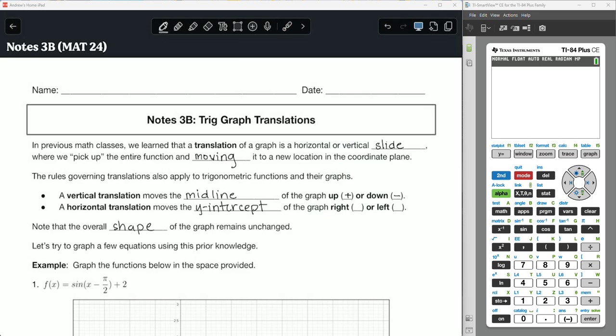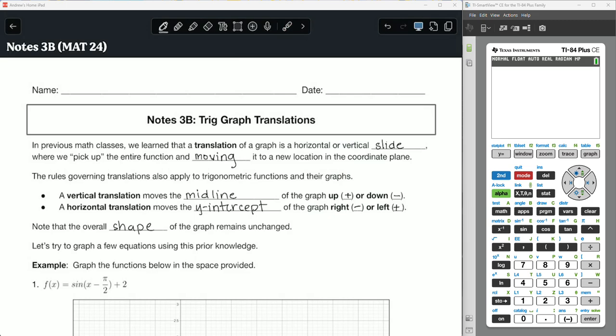We also know that when we have a constant added or subtracted to the independent variable inside the function itself, when we pull that constant out, the sign changes. The signs work backwards from what we think they should be. So in the equation, if we're subtracting something from x, we're moving to the right. If we're adding something to x, we're moving to the left.